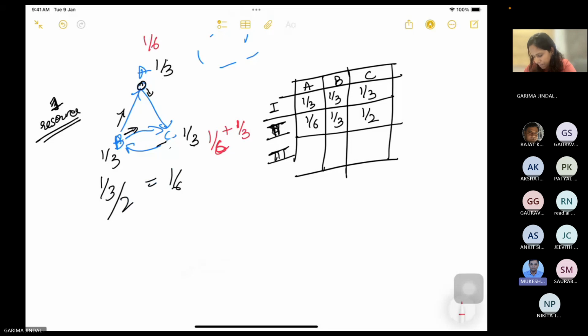Because now A has 1/3 from itself and it also receives 1/6 from B, so ultimately A has 1/3 plus 1/6. Can A give everything to C now? No, no. We are considering these scores based on the previous score, not what is being calculated now. Initially, at the first step, whatever the score is, you have to take that as the base for the calculation.